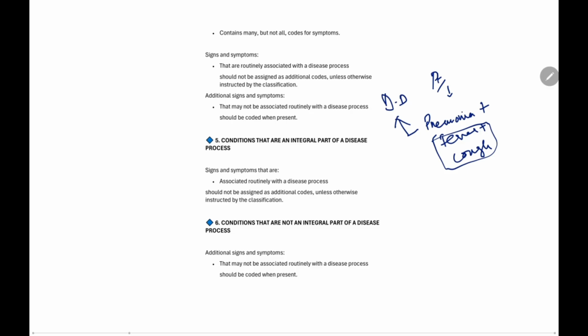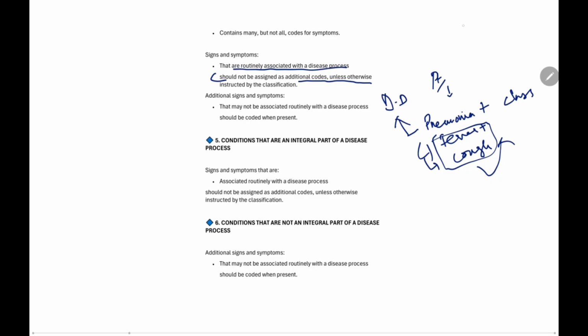When they are associated with a definitive disease process, they should not be assigned as additional codes, but if the classification says you should mention the fever and cough also when important, then you can mention them. Otherwise no need. That is the second scenario.